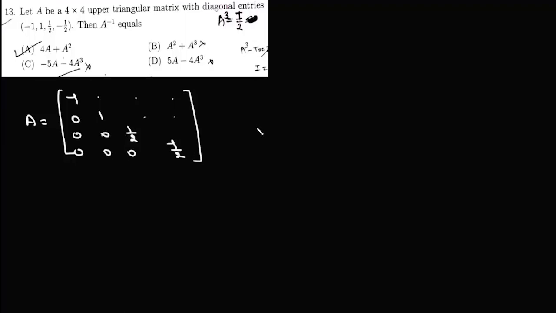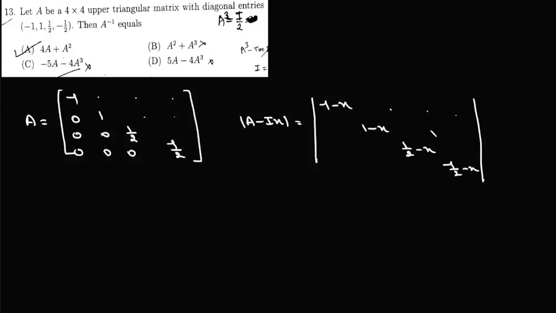Now what we'll do is we'll find characteristic equation for this matrix. So we'll find determinant of A minus Ix. So it will be this determinant of -1 minus x, 1 minus x, 1 by 2 minus x, and -1 by 2 minus x, all these entries, and then we have all these zeros.